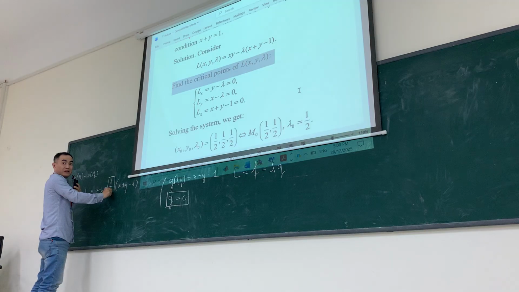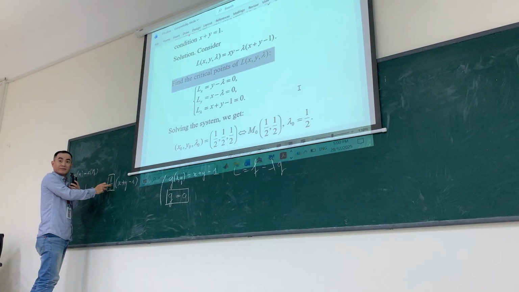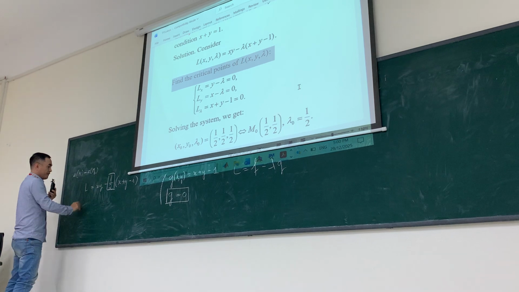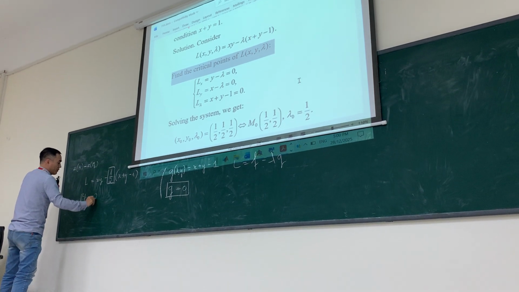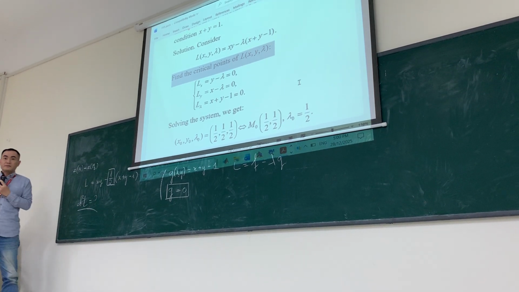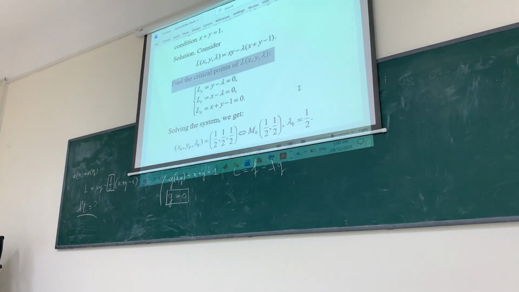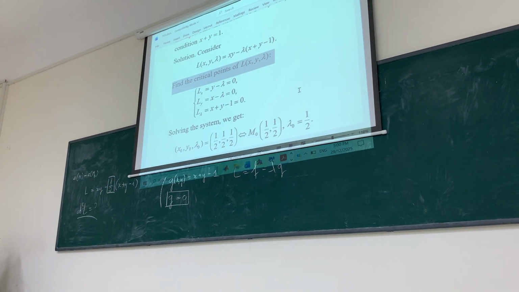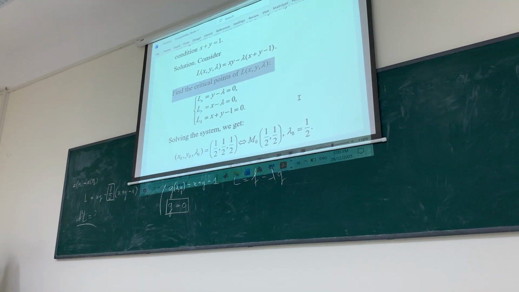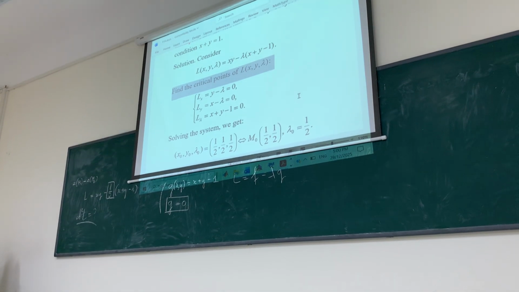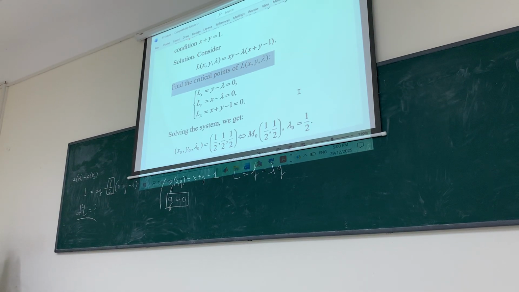We fix lambda 0. Now, how do we find d squared L? What value?